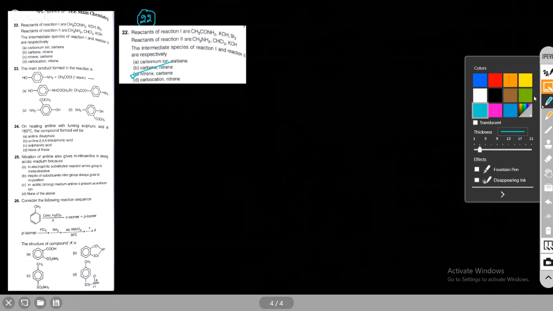What happened? Check. Option C is correct. Let's take B and C options. First carbene and nitrene, but it should be nitrene and carbene. What happened? Samir, Shreyas, Sanjana?